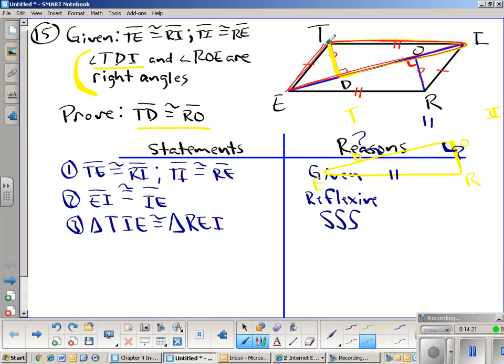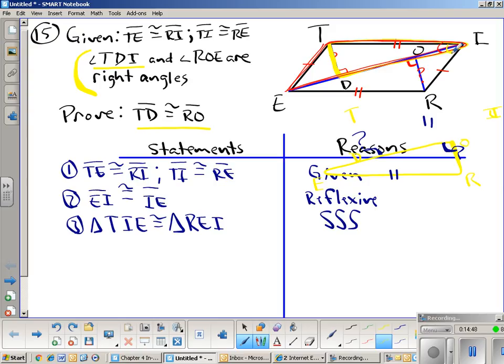Would it be angle TIE? That's correct. Angle TIE in the red triangle is this angle, and angle TID in the yellow triangle is exactly the same angle, isn't it?